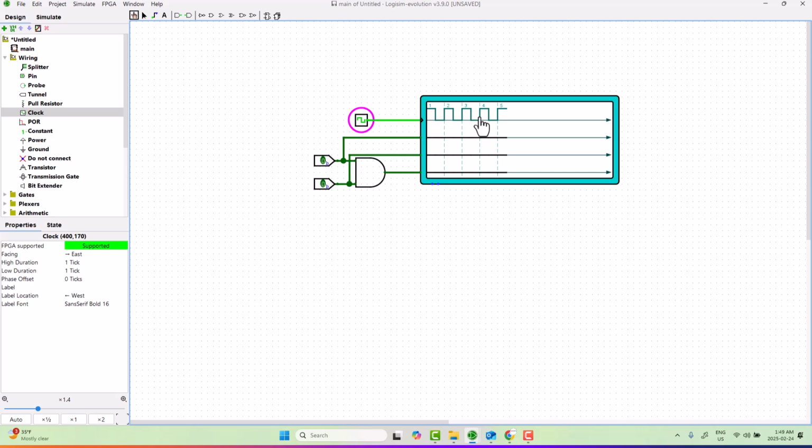A crucial thing that we should pay attention to is the rising edge. That means when the signal goes from low to high, and this is indicated here using this dashed vertical line. Let's see it one more time.